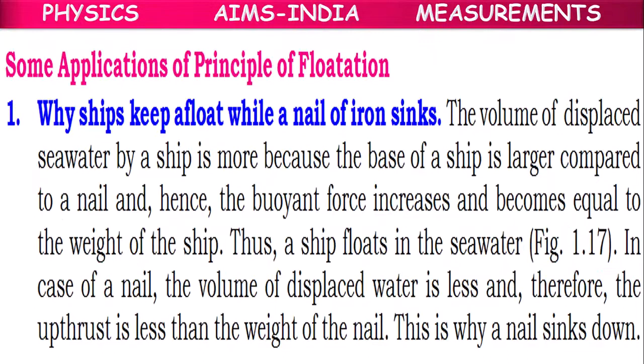Next, some applications of the principle of flotation. Why do ships keep afloat while a nail of iron sinks? If we throw iron into the sea, the iron will sink down, but the ship won't sink down. It will be floating in the water.